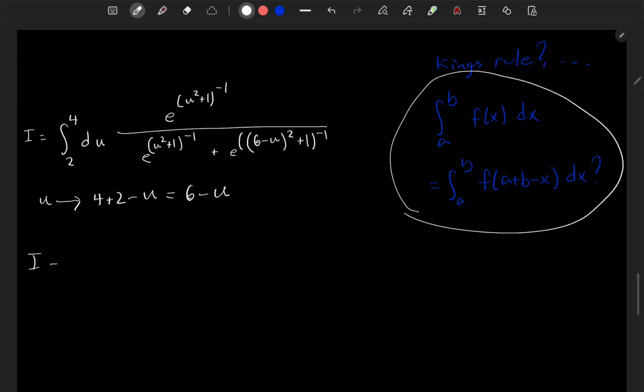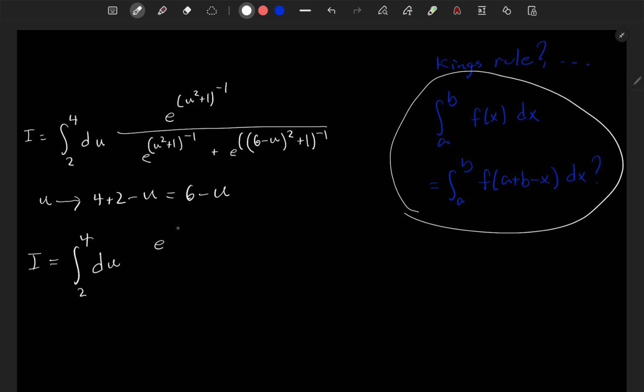So our integral is going to be, u is 2, so it goes from 4 to 2, negative du. That negative lets us interchange those bounds real quick.